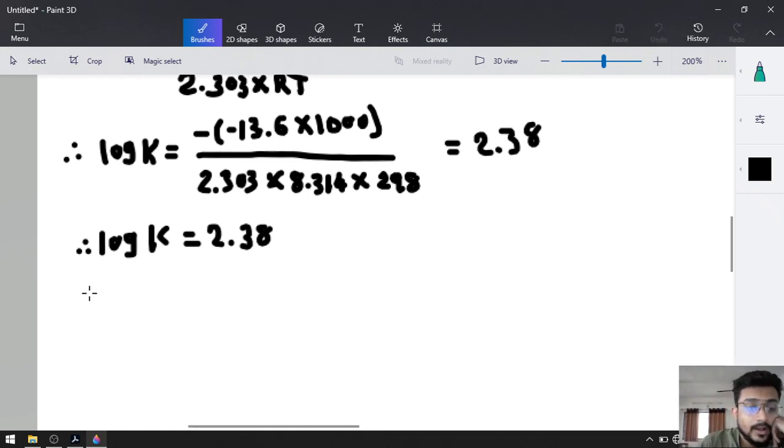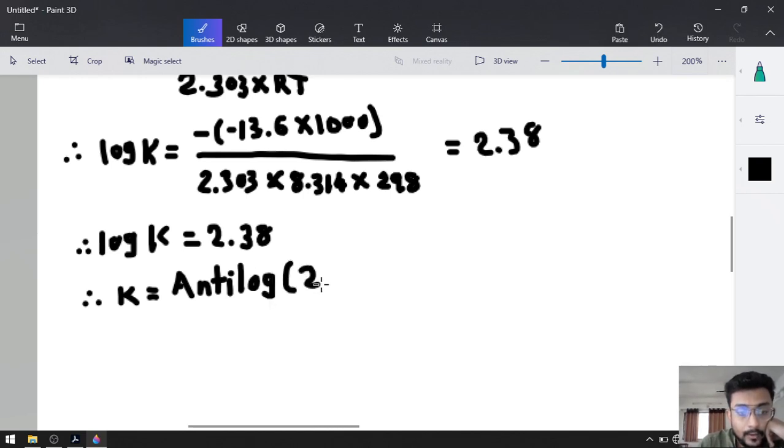Now we do not want the log value, we want only the value of K. That's why log will be converted into anti-log to find out the value of K. So anti-log of 2.38. Let me tell you, it is very easy.